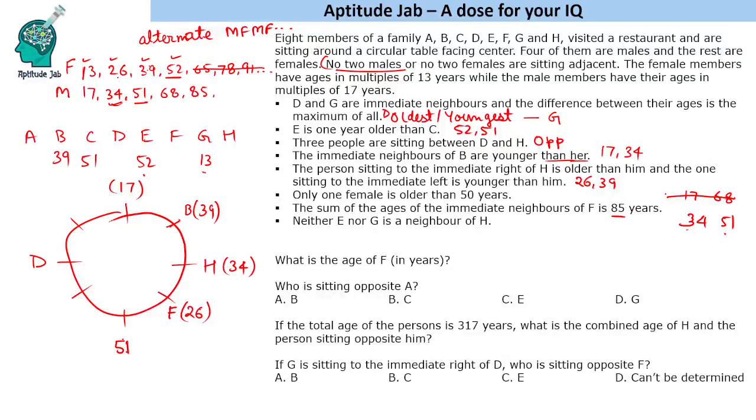Now let us try to find out who these persons could be. These are E and G. We know their ages. E is 52 and G is 13, but we do not know the positions.